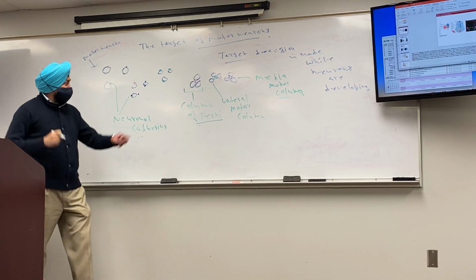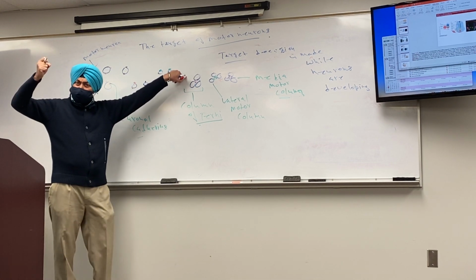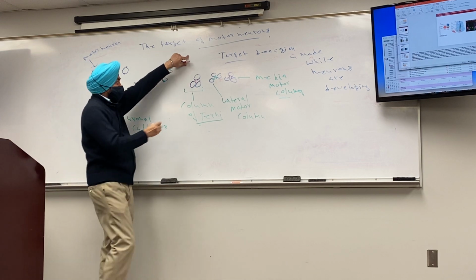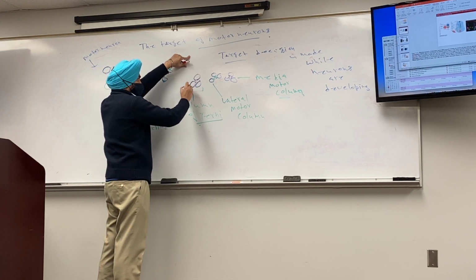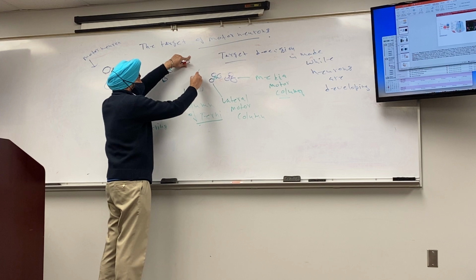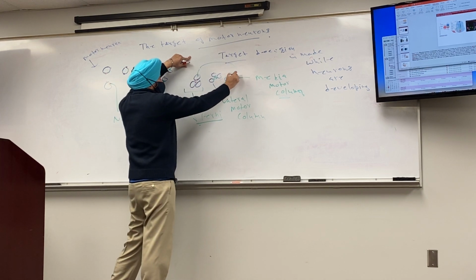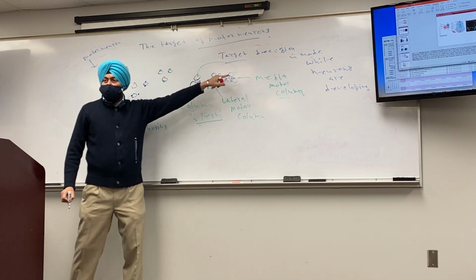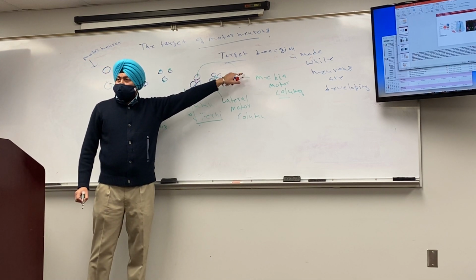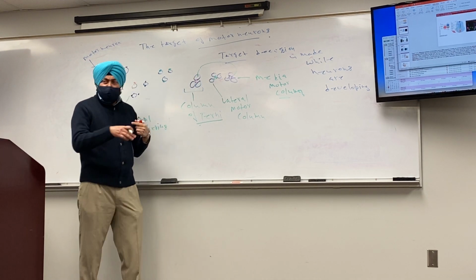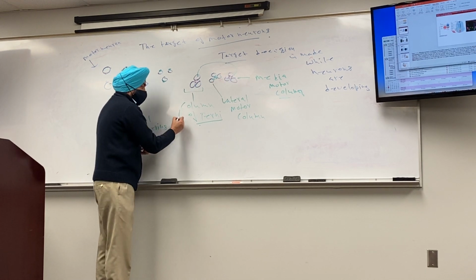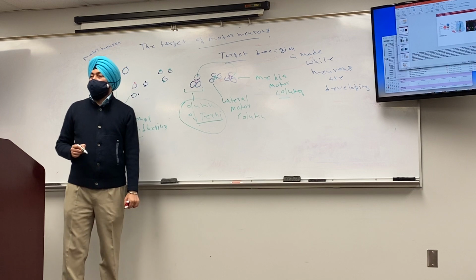Now, when they are in one column, when they are together, they have the same target. So even if you remove this neuron from here and put it there, it will still go to the target that was specified by this column.